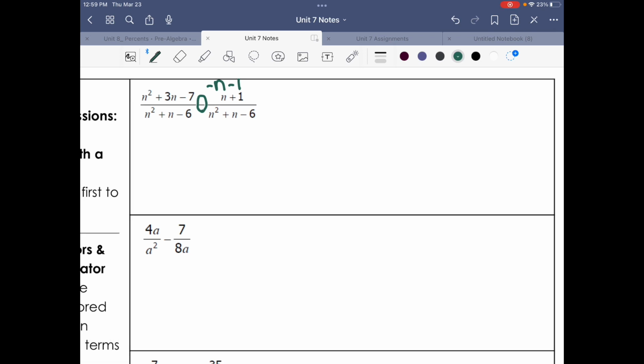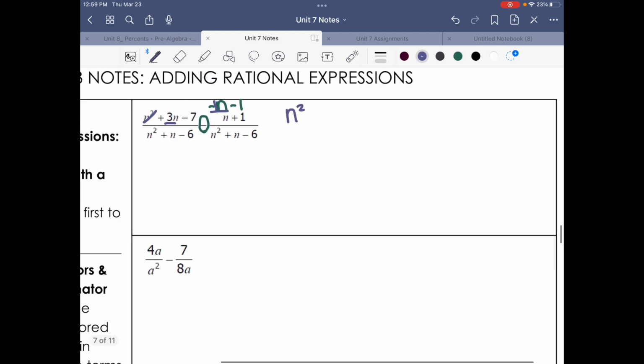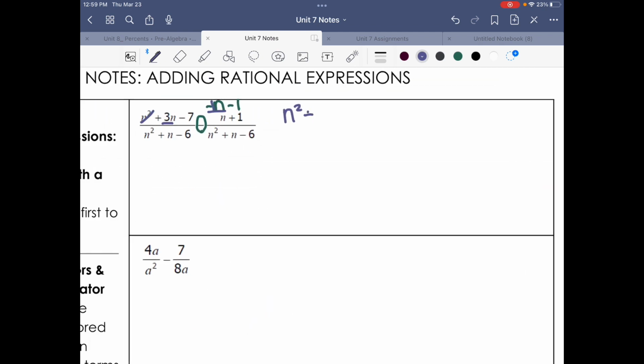So I'm going to keep the n squared out front because it doesn't have any other n squareds to add to. Then I have 3n and negative 1n. And 3n minus 1n is 2n. Then I have negative 7 and negative 1, which makes negative 8 when I add them together.